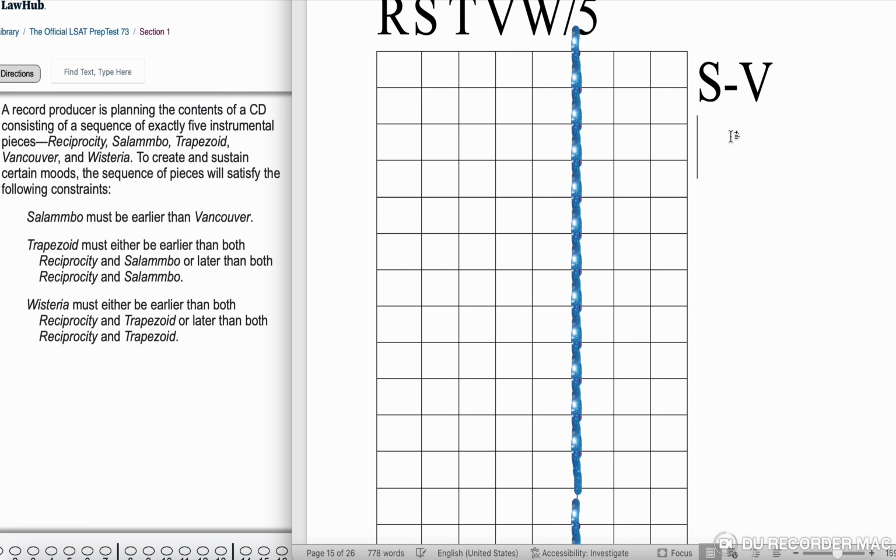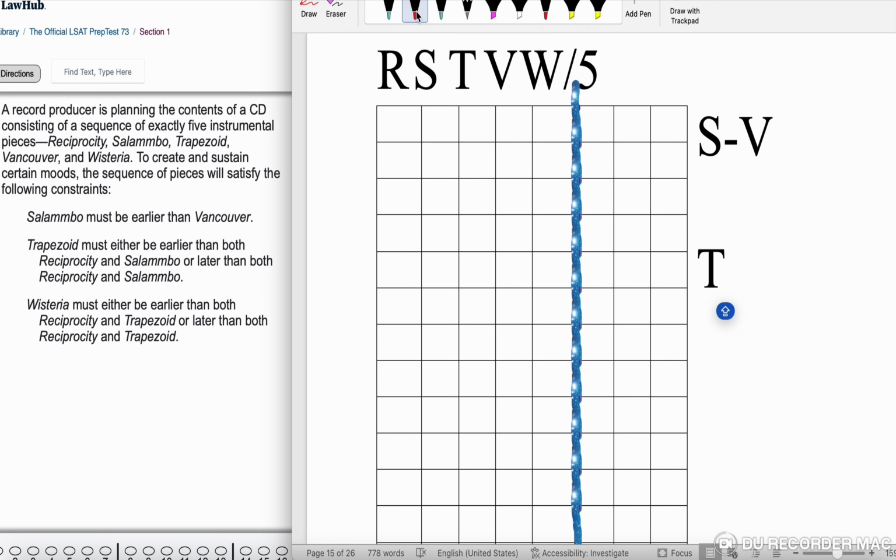Next condition is going to be T must be either earlier than both R and S. So let me just go ahead and put these variables in here real quickly.